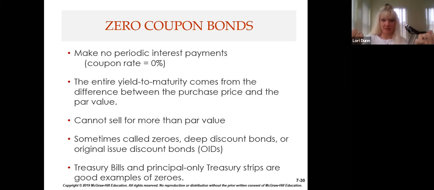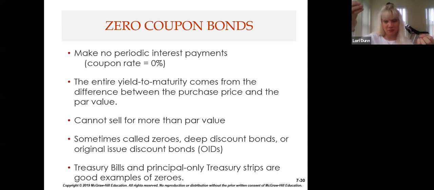That means you're not going to get interest payments over the life of the bond, but you bought it at such a deep discount, it's okay. The difference between what you pay for it, bondholder, and what you get at the end, that's the interest. So the entire yield to maturity, or interest, comes from the difference between the purchase price and the par value or maturity value you will receive.